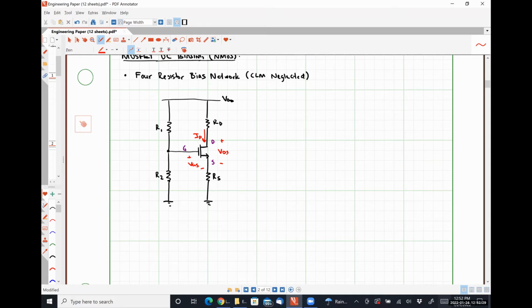Not really, right? The only thing that I can say is that if VDD were less than our threshold voltage, we're probably operating in the cutoff region. That's the only thing that I can say based on the schematic representation alone.